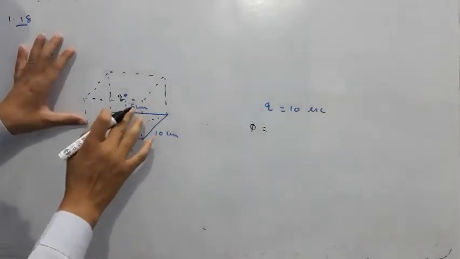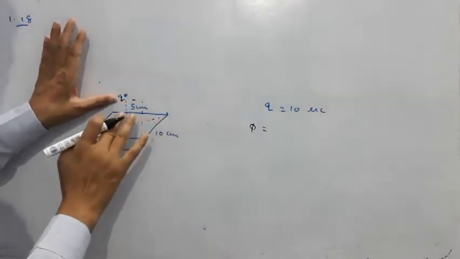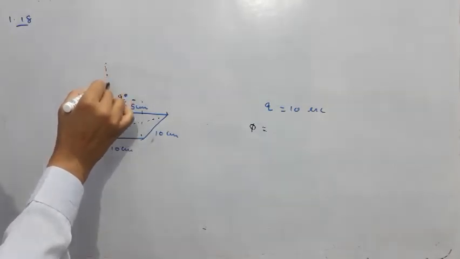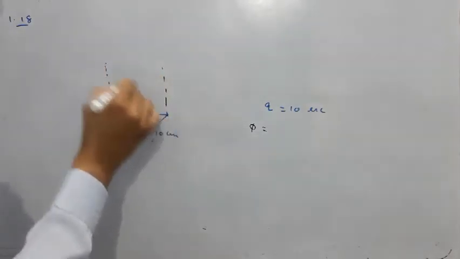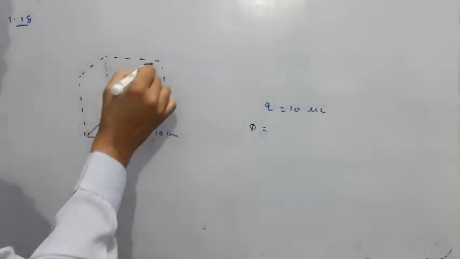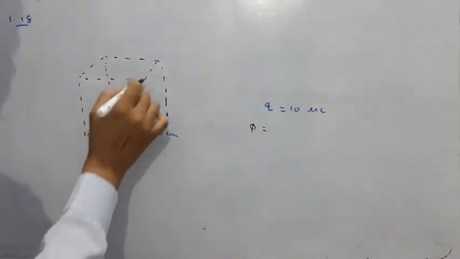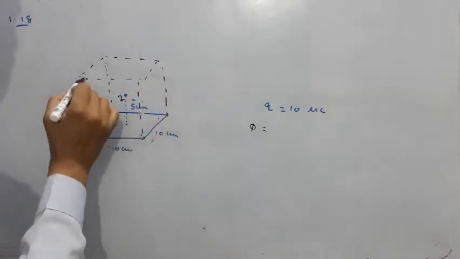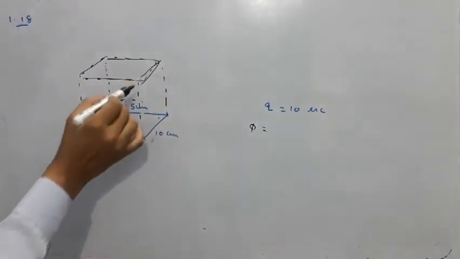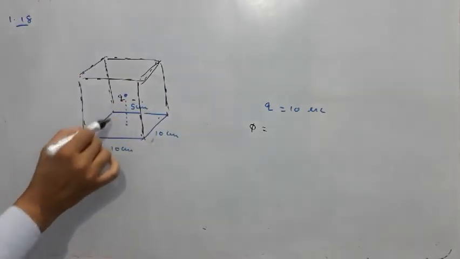I should have drawn it a bit bigger. This is the top face, this is the face at this side, this is the face on this side, this is bottom face.